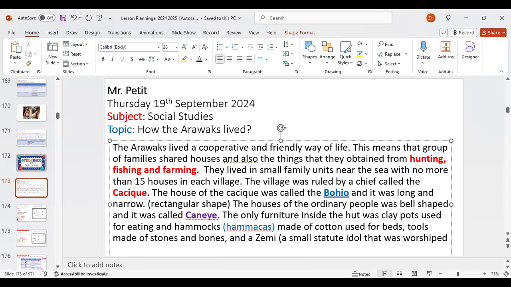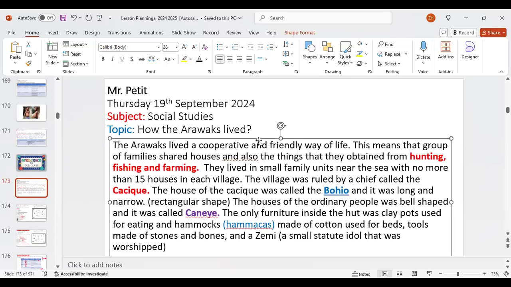They worship it as their spirit, their afterlife. So let me show you a picture of it. The Zemi. It's a little small thing that they used to worship.